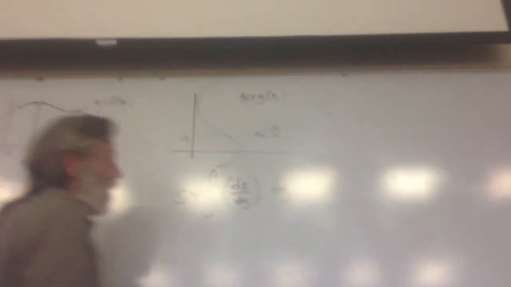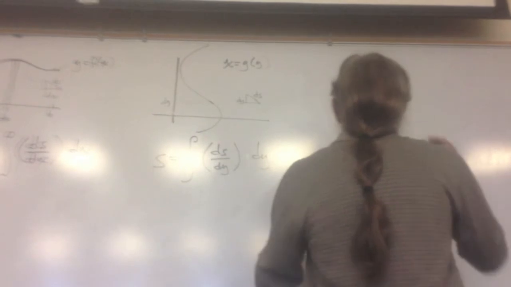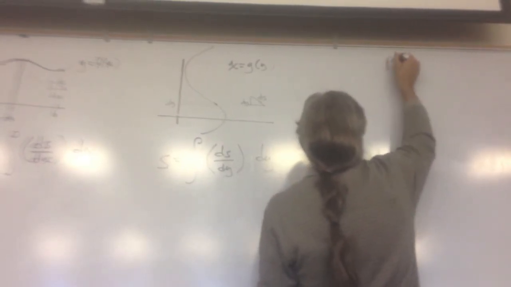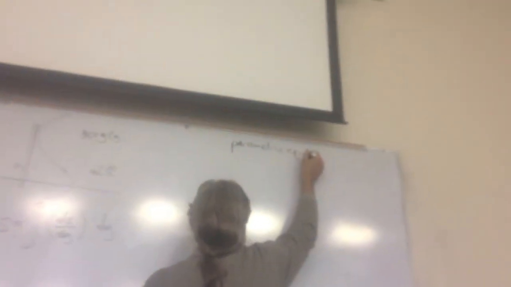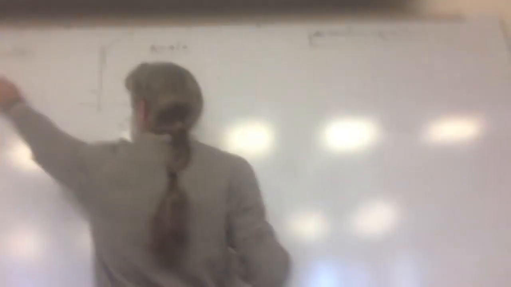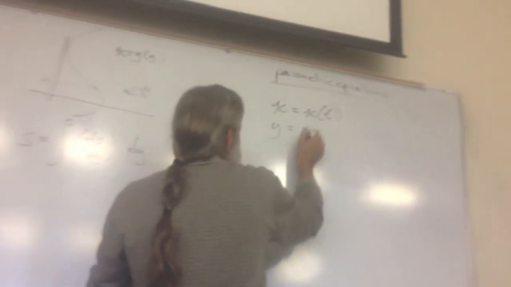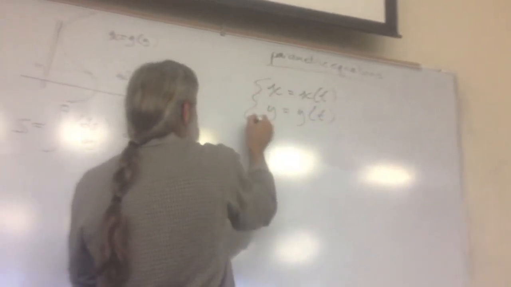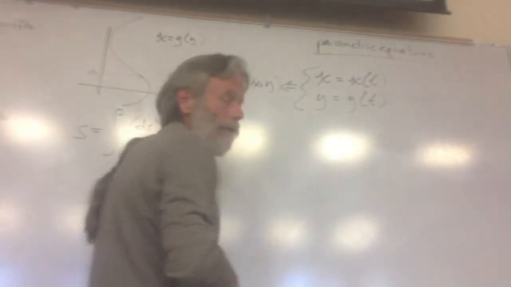The last sort of context, at least for this course, that we talk about arc length, is when you have parametric equations, meaning that rather than describing x in terms of y or y in terms of x, you describe x in terms of t and you describe y in terms of t, and then the two of them put together gives you the x, y coordinate.